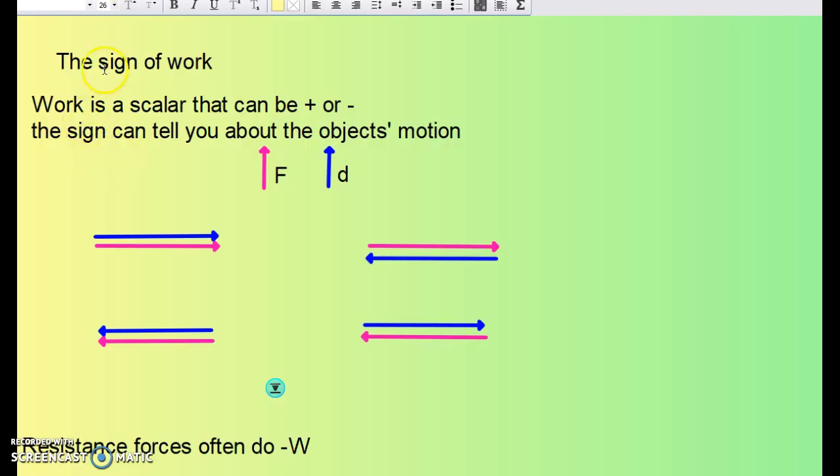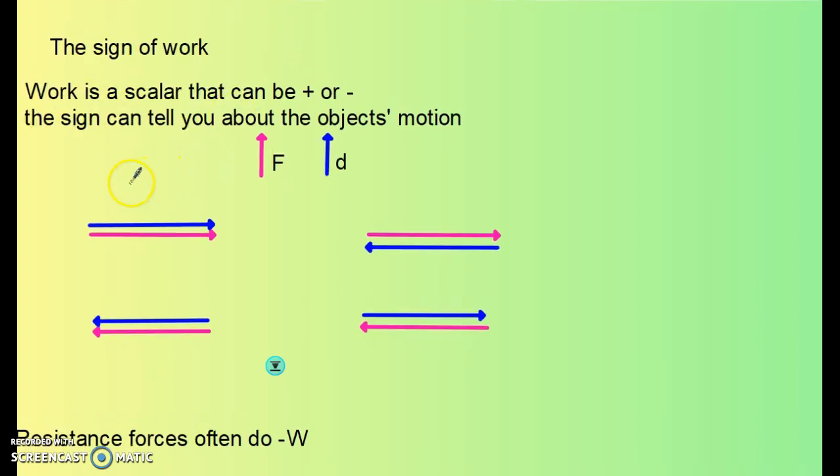Another thing about work is that it is a scalar quantity. So if you have the direction of the force and the direction of the displacement here, if you push forward and it goes forward, guess what? You did positive work. If you push backwards and it goes backwards, you did positive work. But what if it moves backwards while the force in question is forward?